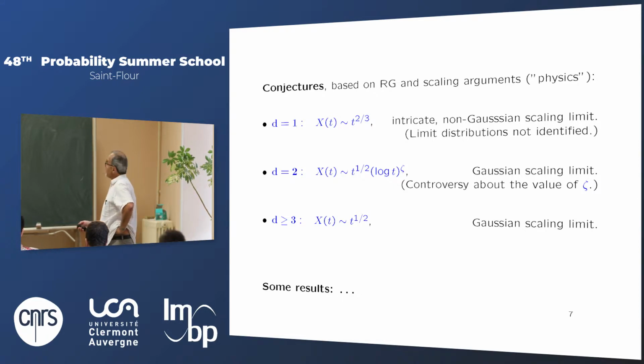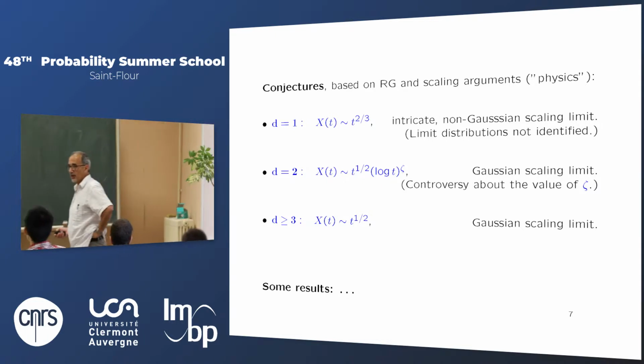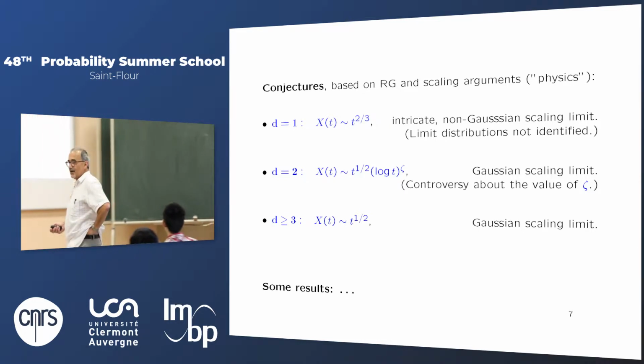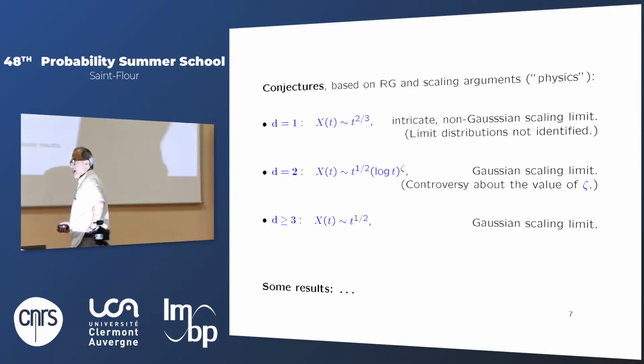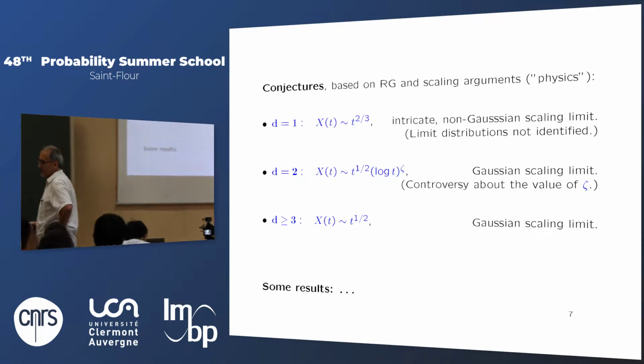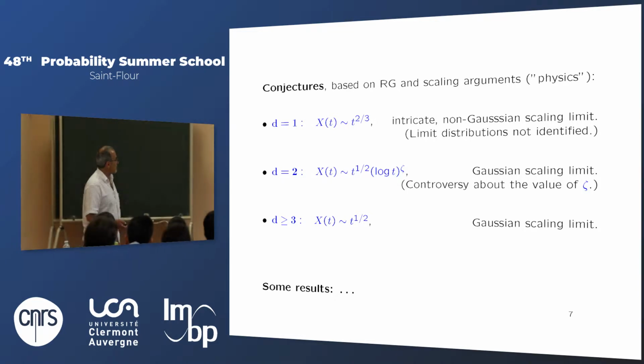What is a bit surprising is that from non-rigorous but very beautiful scaling arguments, it drops out what to expect: that in one dimension you expect time to the 2/3 scaling of the displacement, and for those of you who are in this KPZ story, this 2/3 is not by chance. So it's not unrelated.